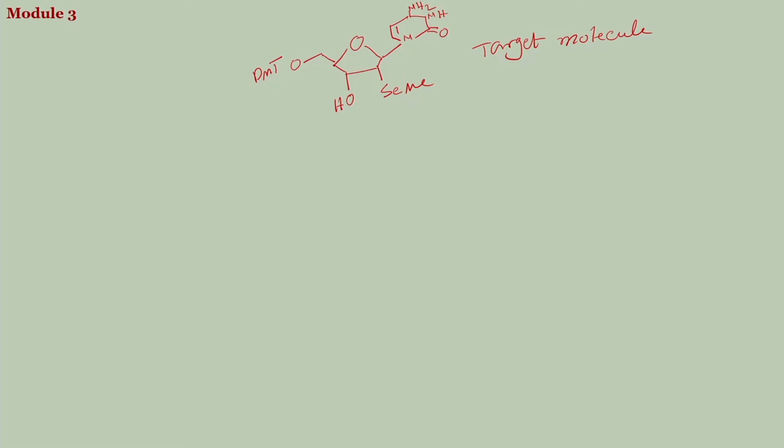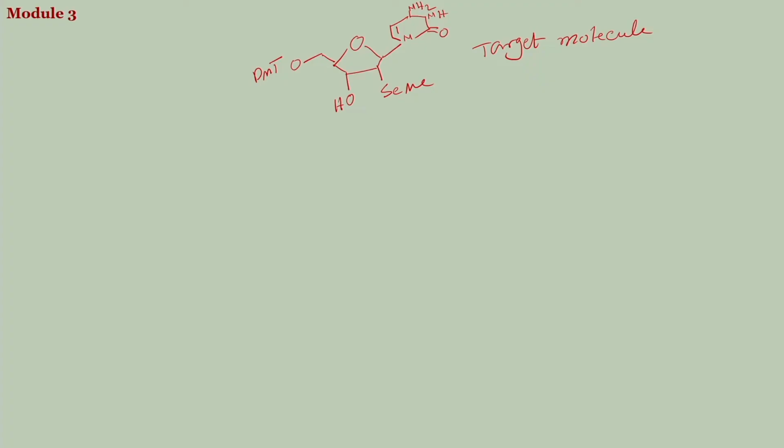So, this molecule was synthesized. The reason is there are plenty of variations like this, like SeMe is there, amines are there, many types of variations that have been synthesized, and they show different kinds of properties. This particular molecule was synthesized to improve the crystallization property of DNA.